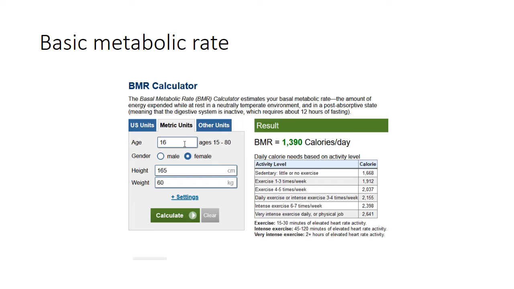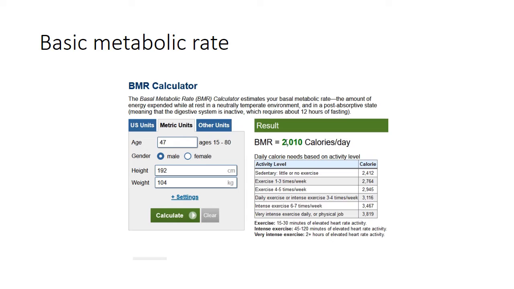Now, for the sake of honesty, we can use me as an example. I'm a little older, a little taller, and also, unfortunately, a lot heavier. So for me, I have a basic metabolic rate here of about 1,800, and that's for female, and this is counting as male.